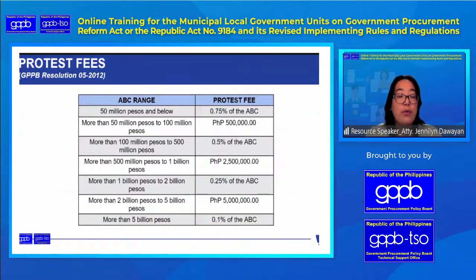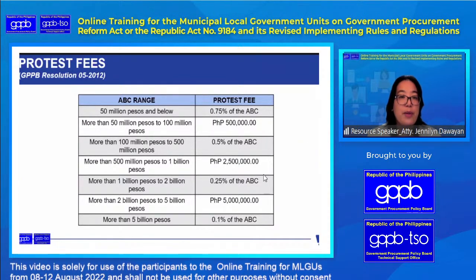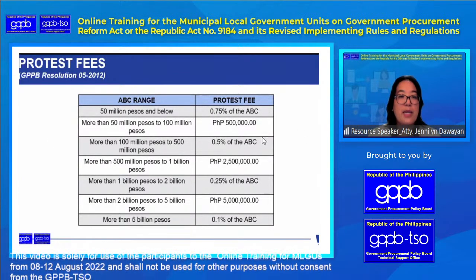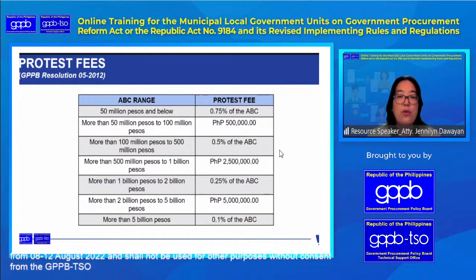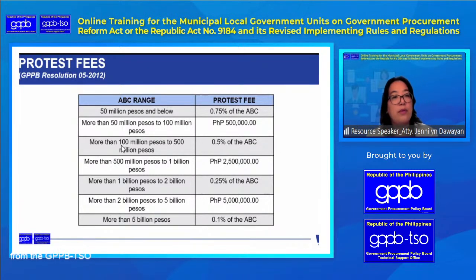Magkano naman po kaya ang protest fee? So ang protest fee po natin is 0.75% of the ABC, mataas din siya, 50. So kung malaki yung project, malaki din yung babayaran nila ng protest fee. So more than 5 billion, 1%.